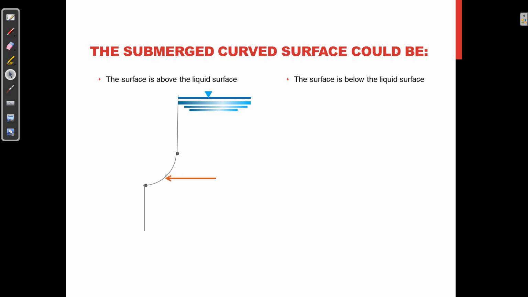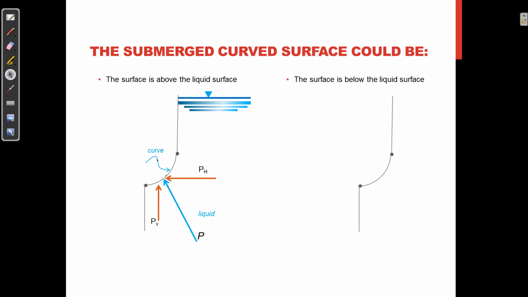So what is important here is that you know the direction of the force. So the direction of the force is towards left for the horizontal component. And for the vertical component, we have going upwards. It is because the liquid is below your surface, so the liquid is towards your curved surface, and therefore this is the resultant P.